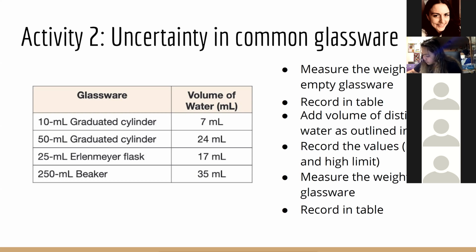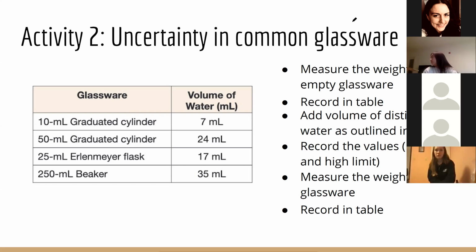So what are some of the other things here? We'll record the mass of each one and put them in the table. We'll add the volume of distilled water as we can. One thing I would recommend, and I'll show you when I move over to the table, is to take out a transfer pipette. You may not know what that is.